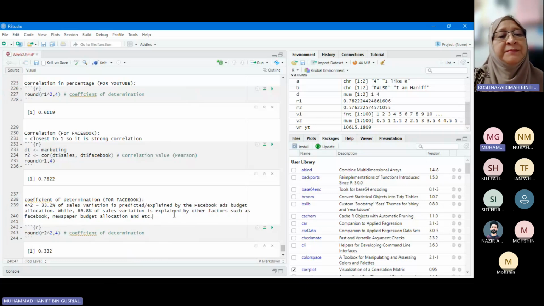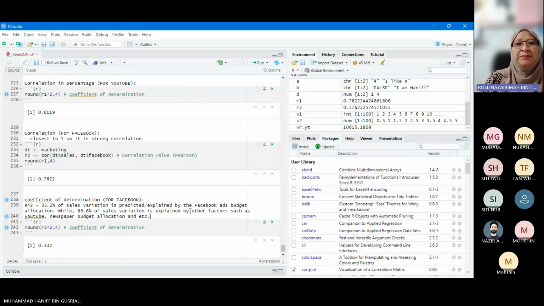So the relationship between sales and Facebook is not strong, because it can predict only 33% of the variation in the sales. The rest is other factors. Do you get my point?